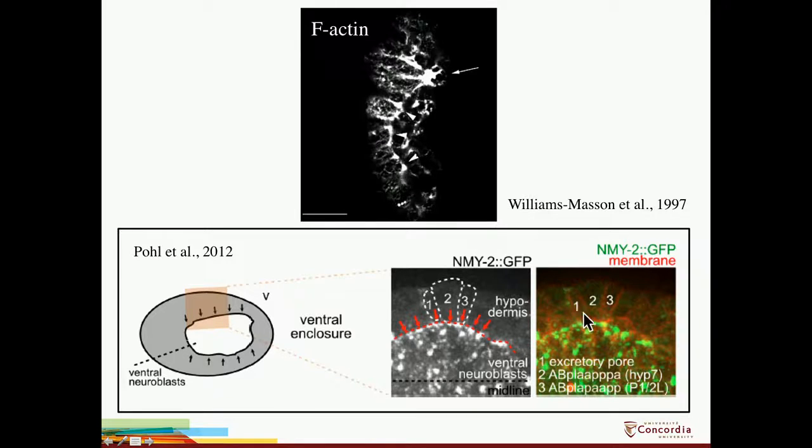And subsequent studies from Pohl et al. showed, through myosin localization, not surprisingly, that you can see myosin nicely enriched along the boundaries of these cells where you would see, obviously, the F-actin. And at this time, you can almost imagine that a subset of these cells are forming part of a rosette as they come together to help coordinate constriction of the cells on the ventral surface.